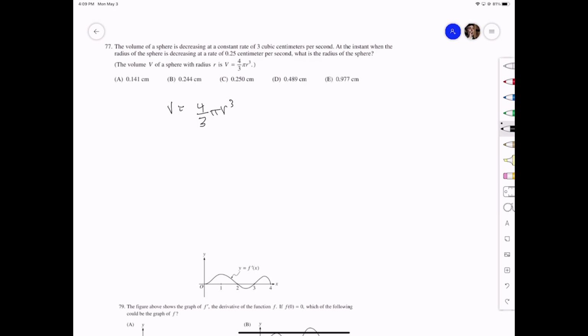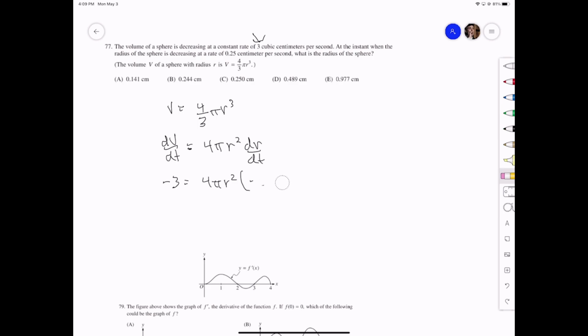So you just differentiate both sides. dV/dt equals 4 pi r squared dr/dt. dV/dt is -3. We don't know the radius of the sphere, but we know that dr/dt is -0.25.